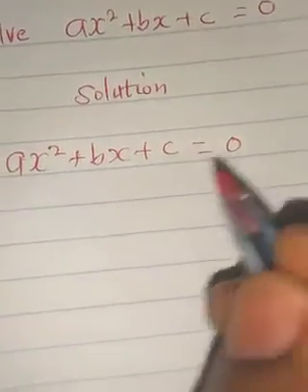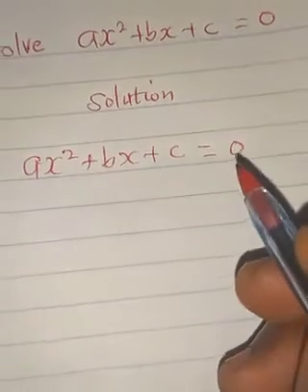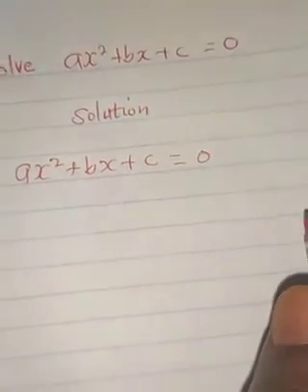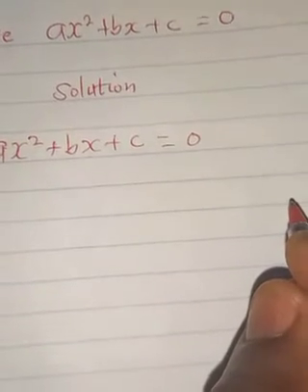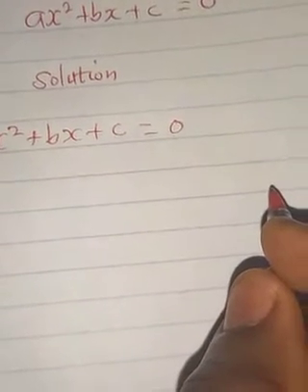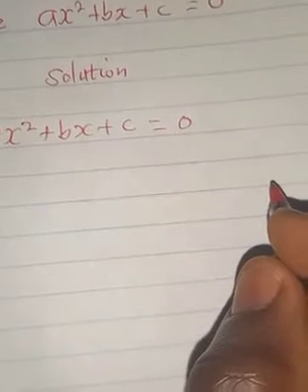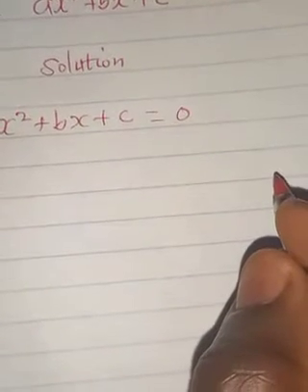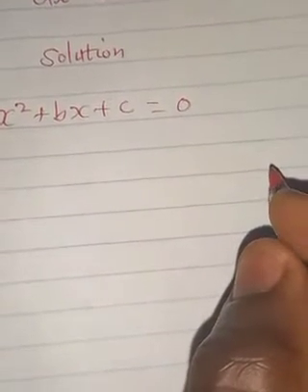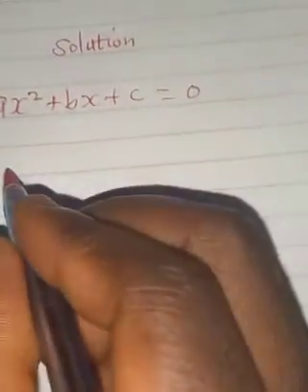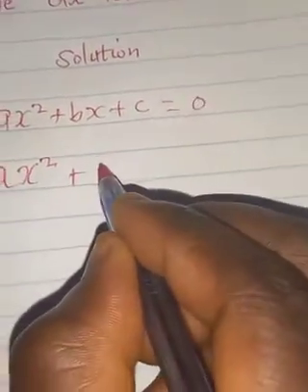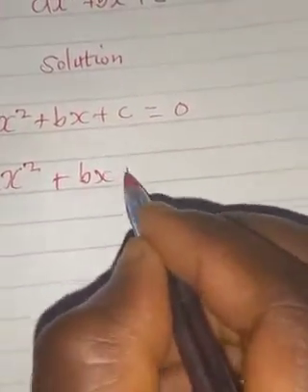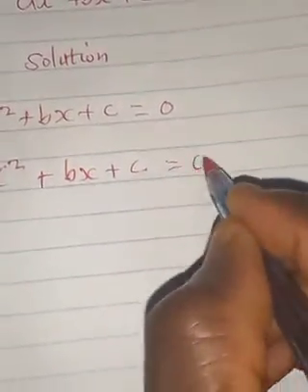Now, before you'll be able to solve this, one rule is saying that make sure that the coefficient of x squared is 1. So we can do this by factorizing a out or divide both sides by a. So let's divide both sides by a. So we have ax squared plus bx plus c is equal to 0.